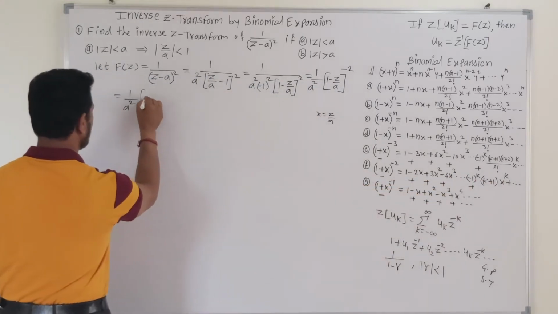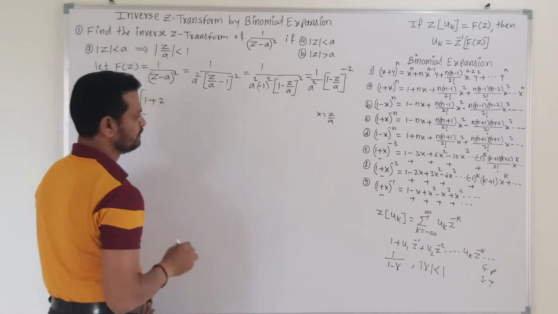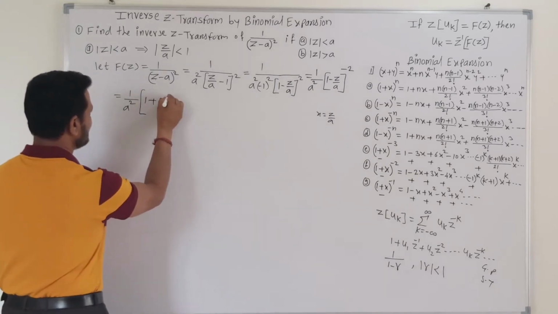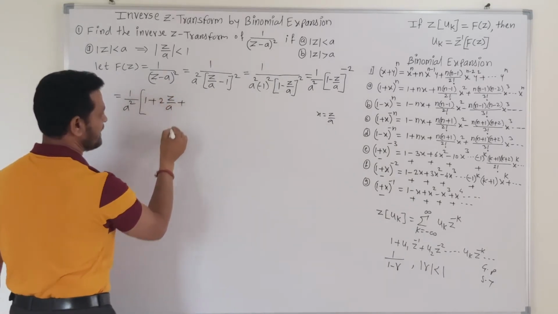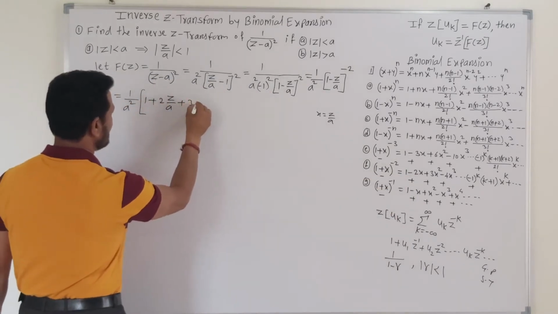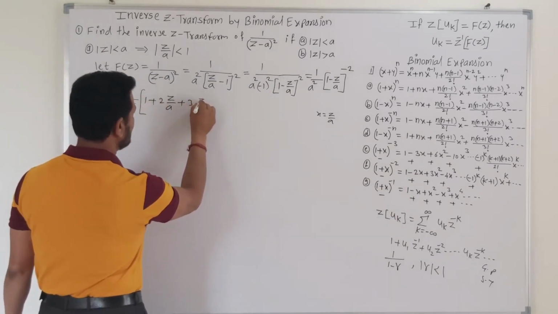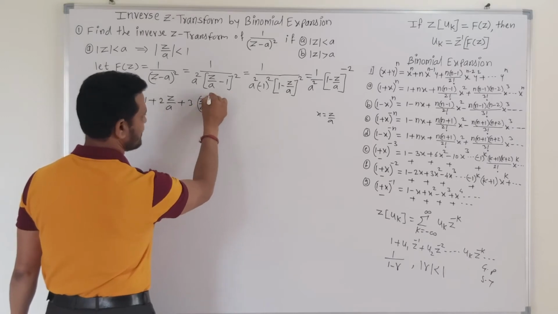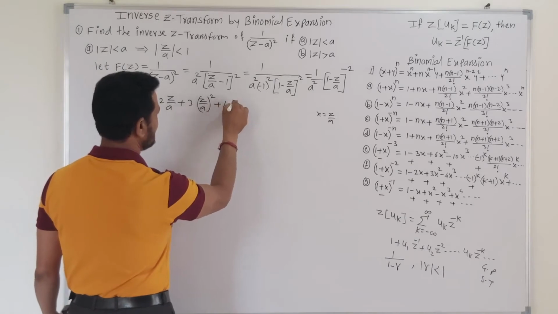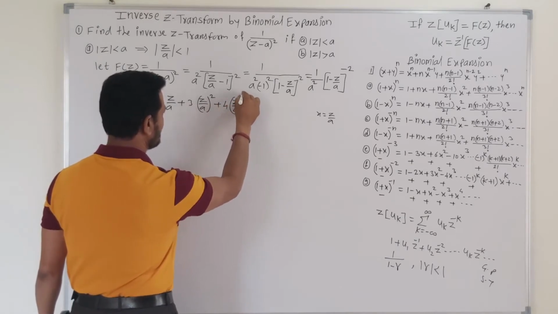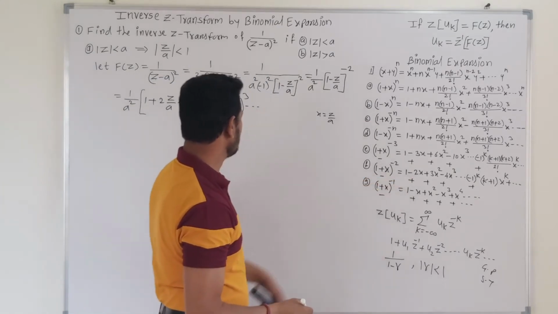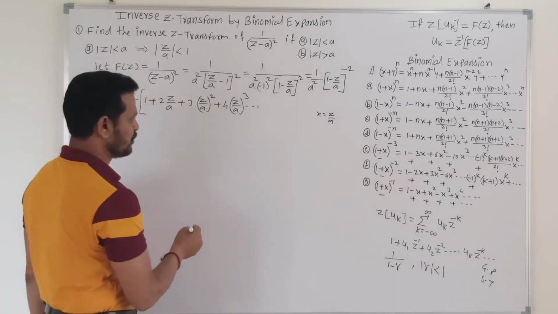So we can write this as 1 plus 2 into x, value of x is z by a, plus we get 3x square, that means 3 into z upon a, its square, plus 4 into z upon a, its cube, and so on.